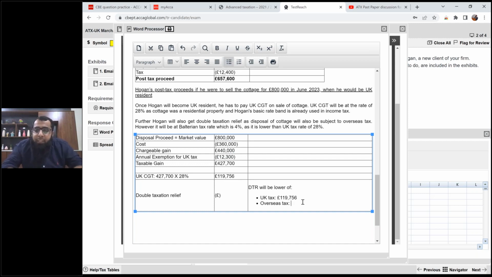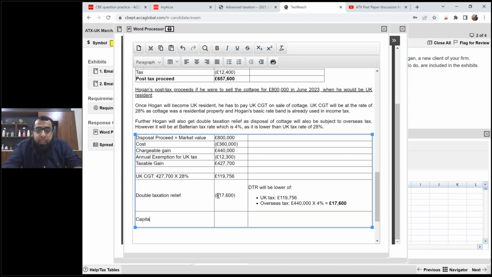So overseas tax will be at 440,000 into 4%. In Baltira there is no annual exemption. So the overseas tax will be on the chargeable gain, 17,600. So obviously this is the lower of the two, 17,600.